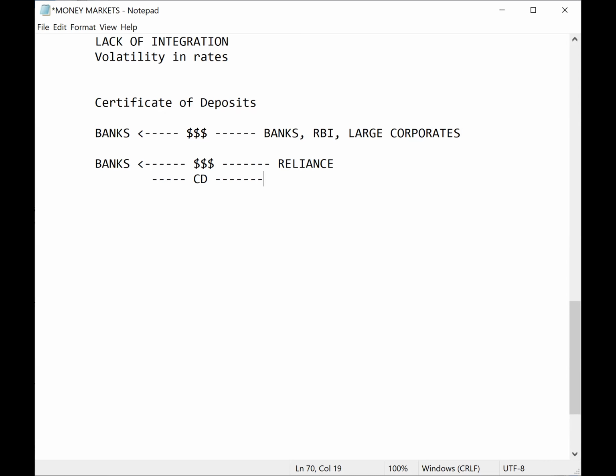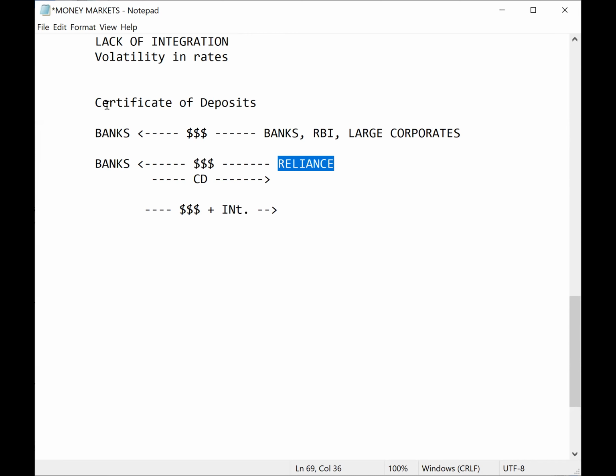And later on, bank would need to pay interest on the money which was initially borrowed from a large corporate.